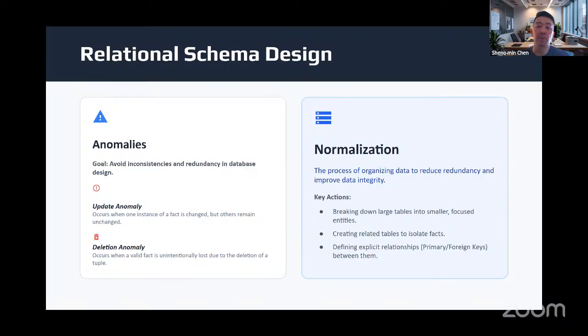Remember we talked about the update as well as delete constraints. Normalization does impact those efficiencies. So understanding normalization is not just because we want a design that avoids inconsistency and redundancy, but it also helps avoid anomalies.